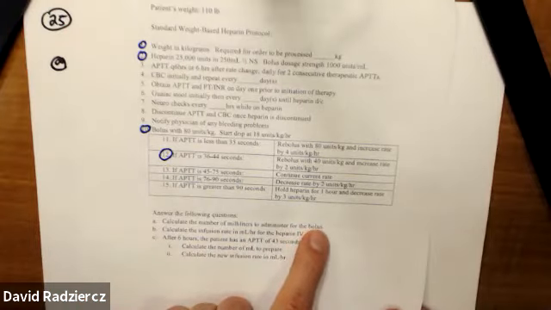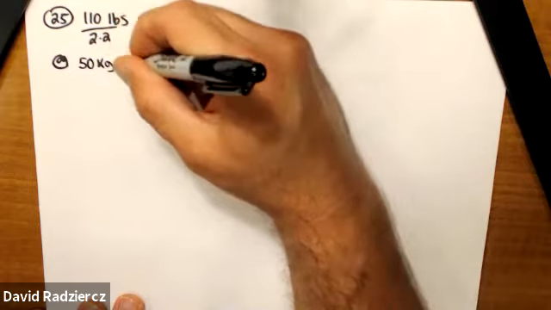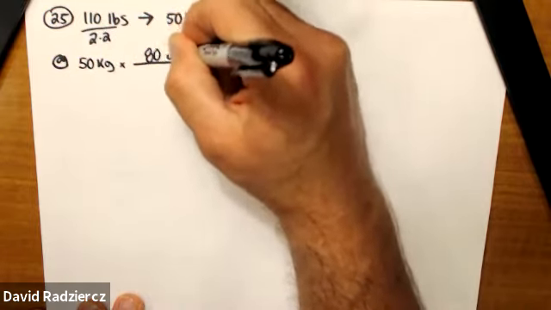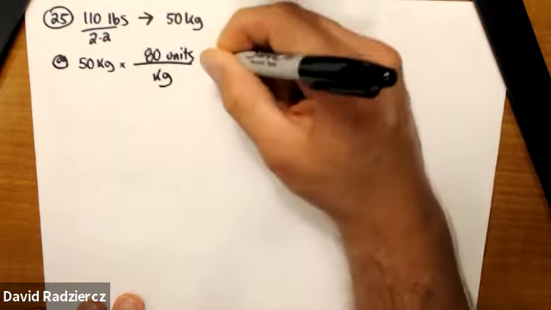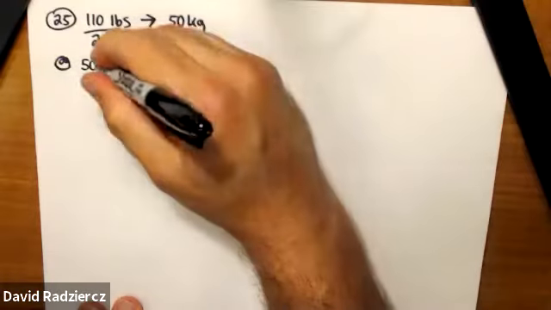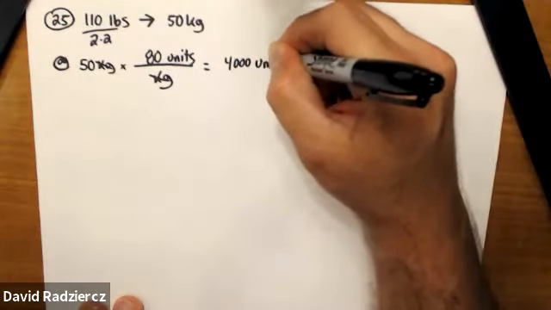They're talking about the initial bolus. The patient weighs 50 kg. My initial bolus tells me 80 units per kilogram. I know I've set this up right because I can eliminate kilograms and I'm left with units. 80 times 50 is 4,000 units.